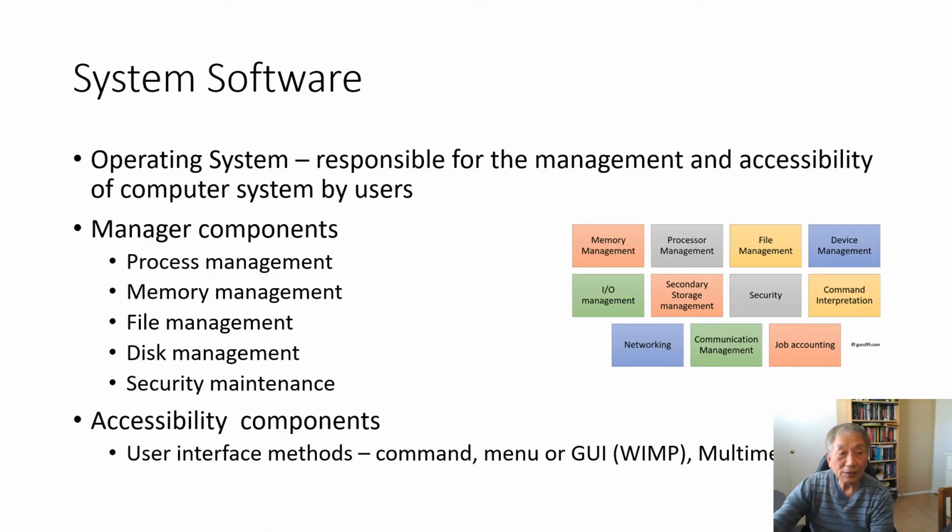Then the system software has, as the main thing, an operating system. There's utility and the programming languages included. But the main focus being operating system, we don't touch on programming language in this course. I wish I had the time to do that.